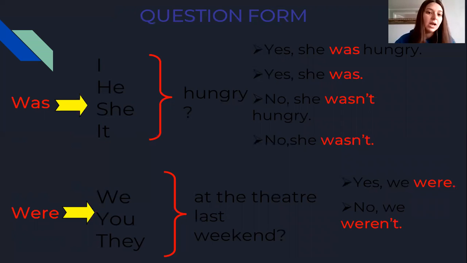If it's I, he, she, or it, we're going to use was. And if it's we, you, they, we're going to use were. So first is always the verb to be, then the pronoun, and then the verb. And remember that the verb doesn't change if we're using another verb.